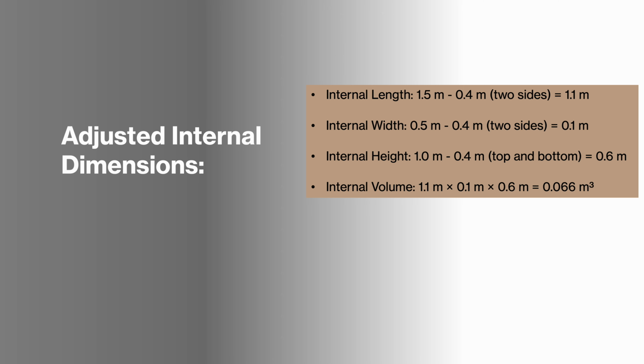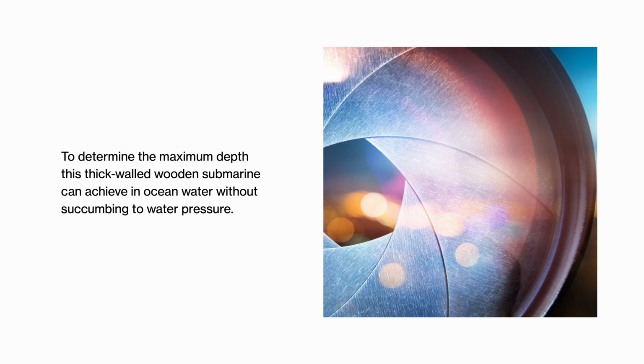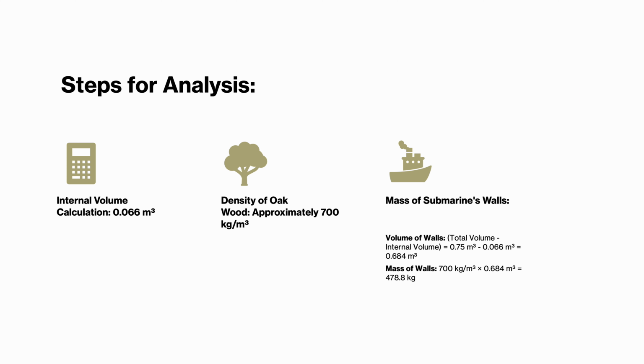Now that we have all the calculations, we can easily multiply the length with the width and height in order to calculate the external and internal volume, and then extend it to the next level to determine the maximum depth this thick wall wooden submarine can achieve in the ocean without succumbing to water pressure. So what are the steps for the analysis?